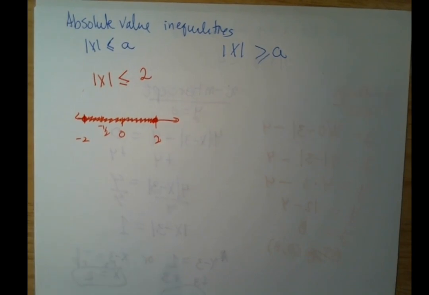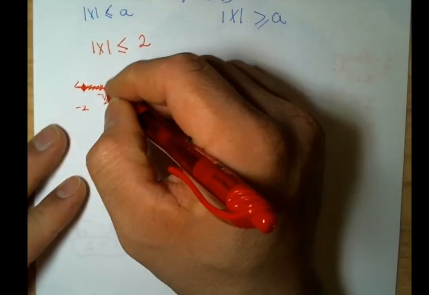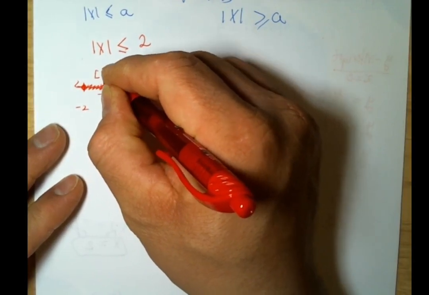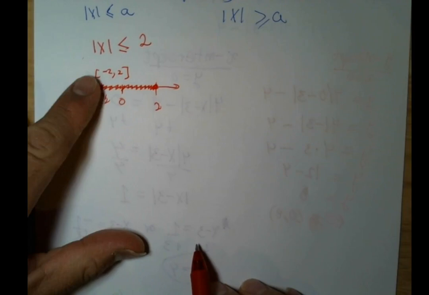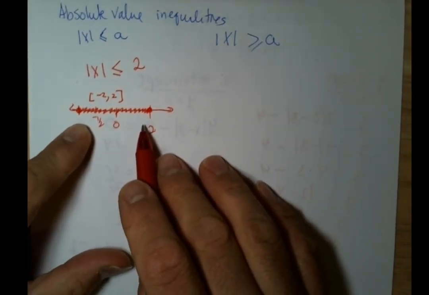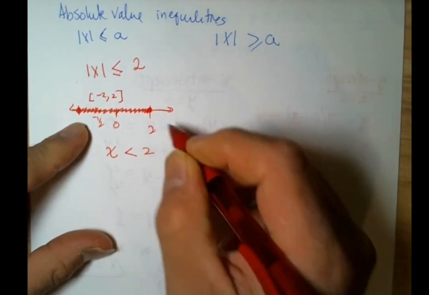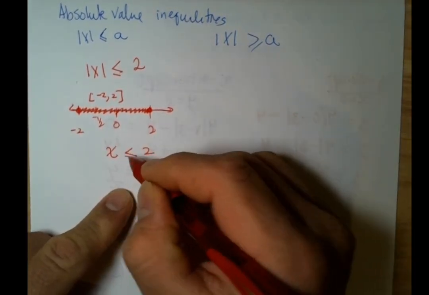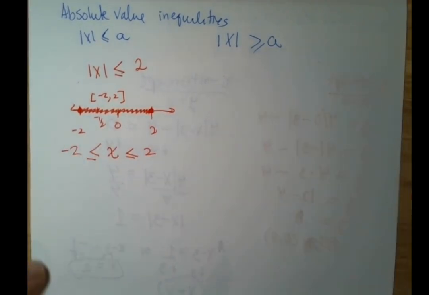Now, in terms of writing an inequality, I know the interval is from -2 to 2. I can write an interval like this in what is called a 3-part inequality, where x is bounded on top by 2, so it's less than or equal to 2, and below it's greater than or equal to -2.